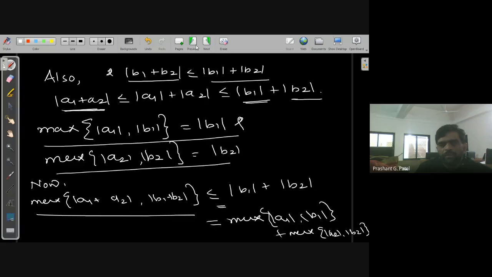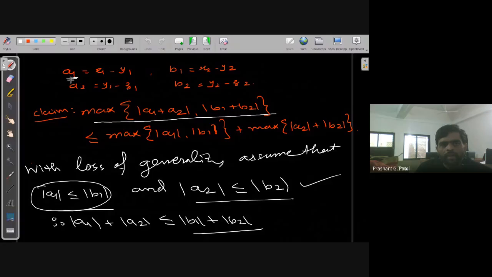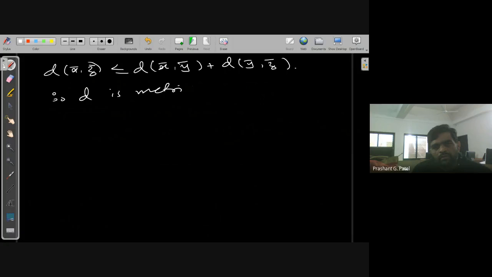What are a1 and b1? a1 is x1 minus y1, b1 is x2 minus y2. So it is actually the distance between x bar and y bar, and for the other it is y bar and z bar. So that proves the triangle inequality for this metric. Therefore we can say that d is a metric on R2.